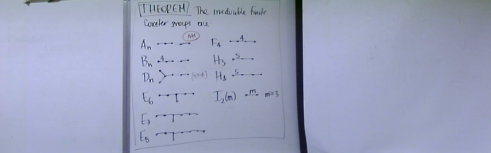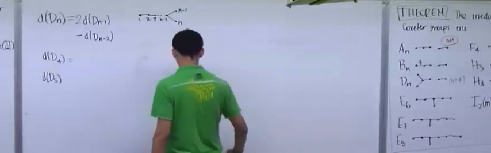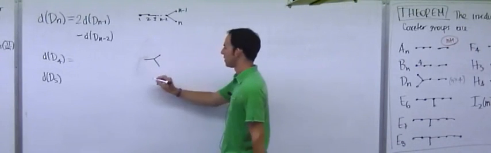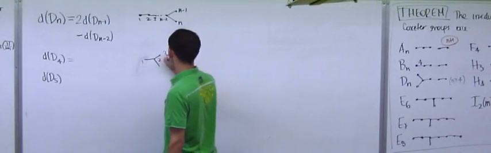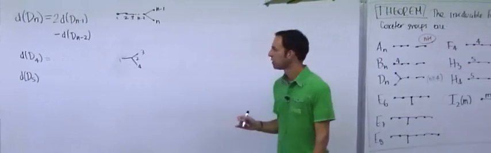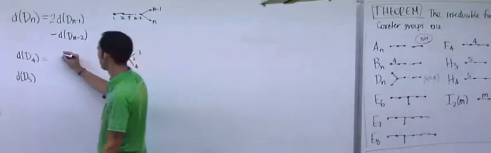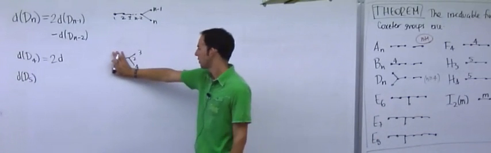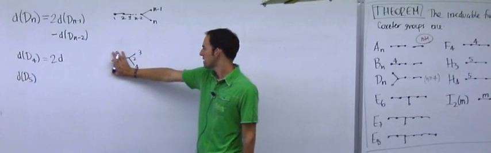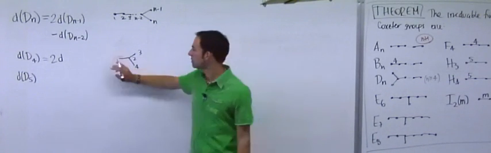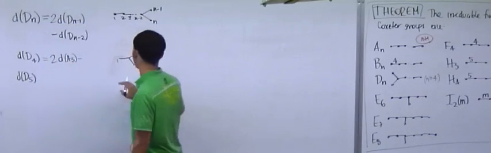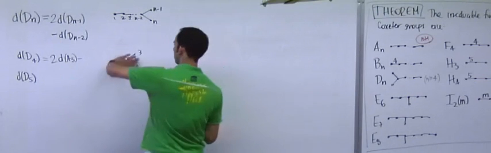So what's D4? Well, I do the same thing. 1, 2, 3, 4, right? So it's equal to 2 times removing 1. What do I get? This is the diagram for A3. Minus removing 1 and 2. What do I get?